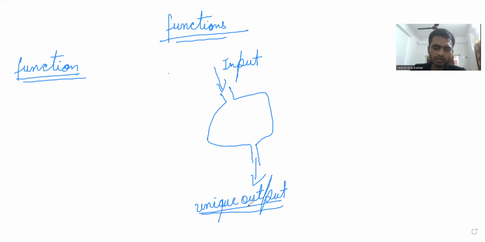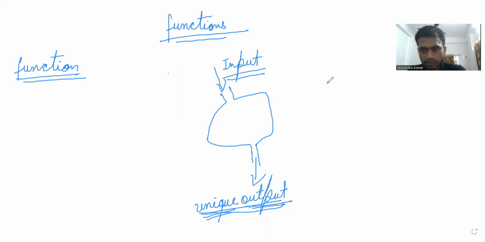Yes, this is not simply output, this is unique output. Like if we put some fruits in a juicer, then we will get juice, right? So we can say the juicer is a function, the fruits are input and juice is output.